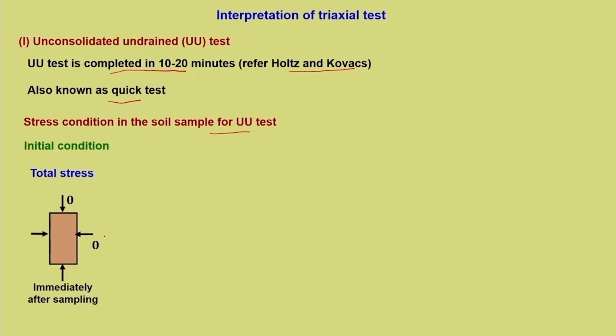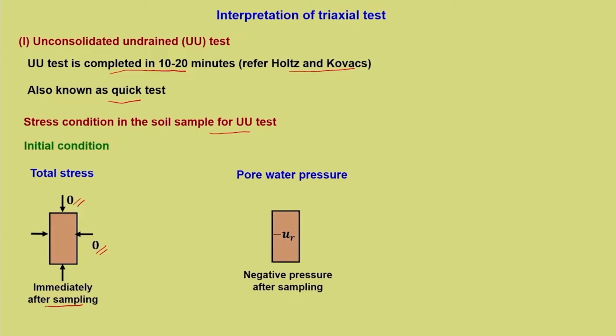What we have told is that during sampling the confinement and the overburden stresses get released, and we have tried to compute what is the pore water pressure that would be there in the soil specimen. That information becomes quite handy for this particular lecture, because when you sample, the stresses are released and hence we have the lateral as well as axial stresses to be 0, and this is immediately after sampling.